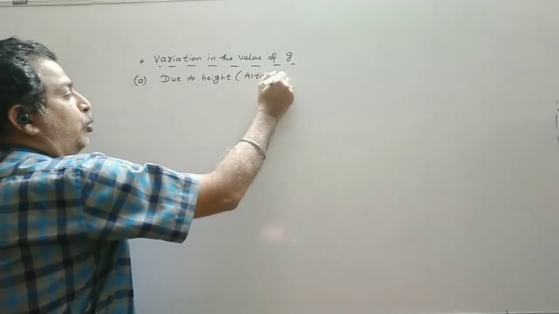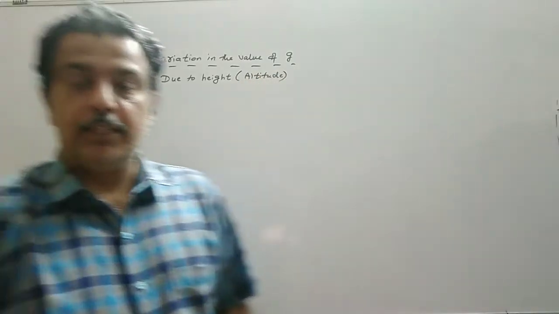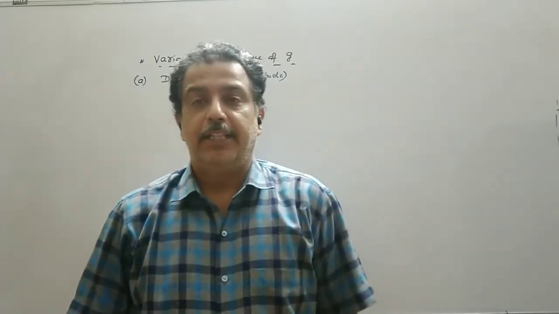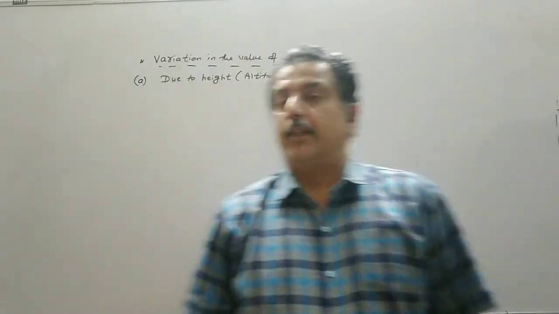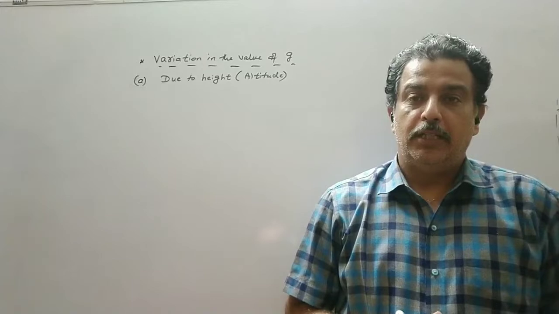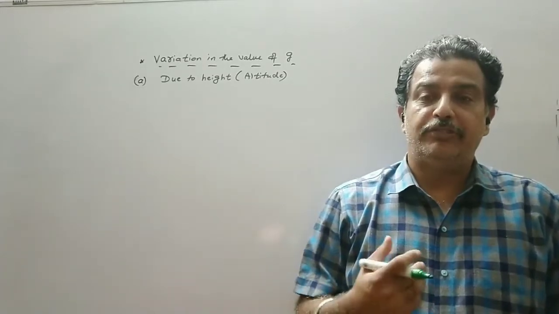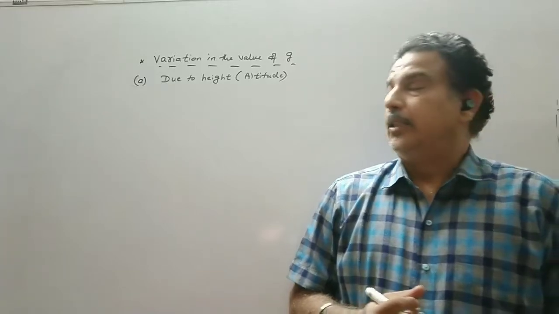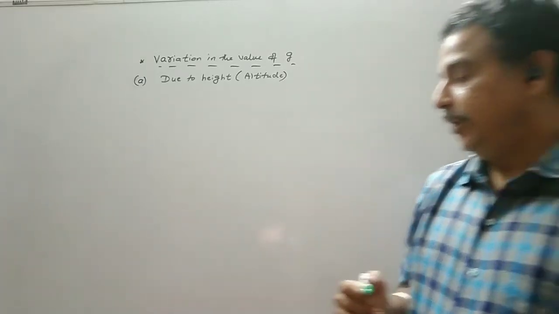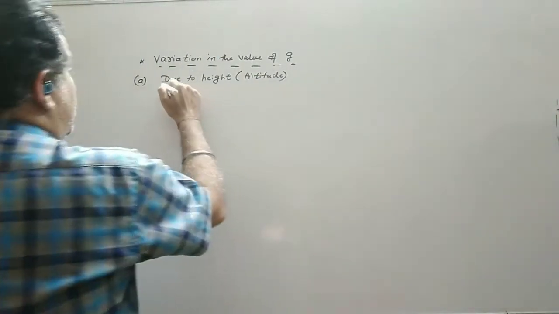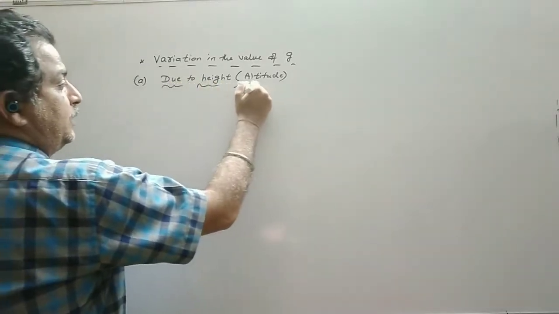As we move away from the surface of the earth, the value of g decreases. Let us write the formula for the variation in the value of g, or the new value of g at different heights. We have derived this relation in our syllabus.